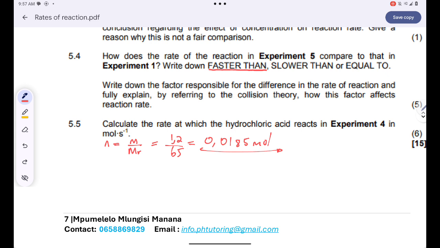Since I know that zinc will be completely used up, I want to know how many moles of my hydrochloric acid will be used for me to completely use this amount of zinc.